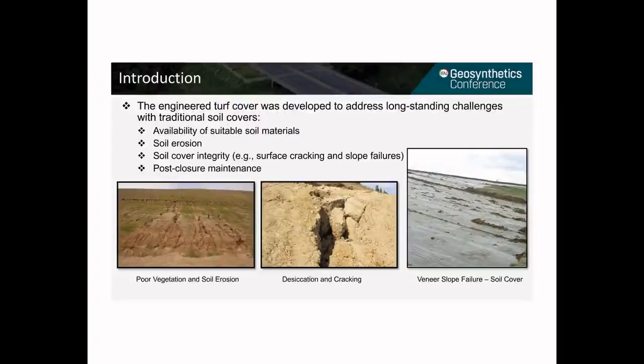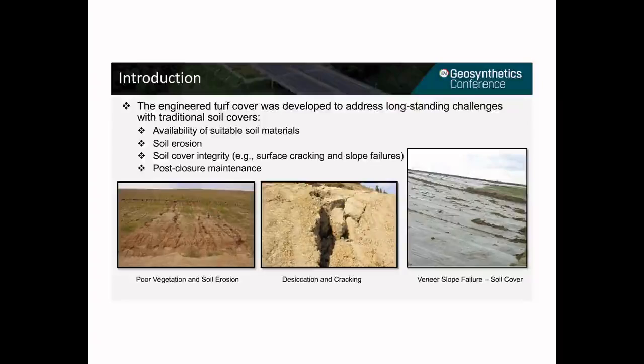Second, soil erosion has been one of the biggest challenges for soil covers, as it depends on soil quality, vegetation, and the ever-changing weather conditions. Third, soil cover integrity. For example, surface cracking and cover slope failures, which happen quite often.